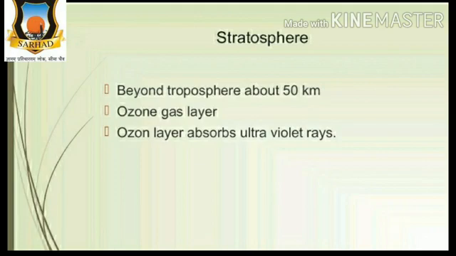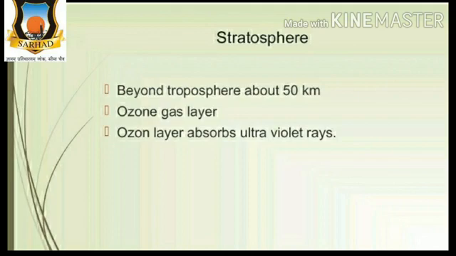Ultraviolet rays coming from the sun are harmful for living things, but the ozone layer absorbs them and protects the living world from those rays.